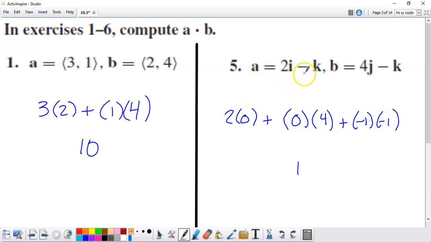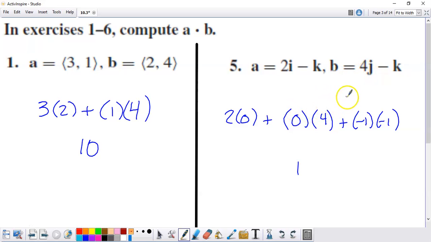I'm going to take the y component of vector A, and there's no j in vector A, so the y component of vector A must be 0, and then times the y component of vector B, which has a coefficient of 4.